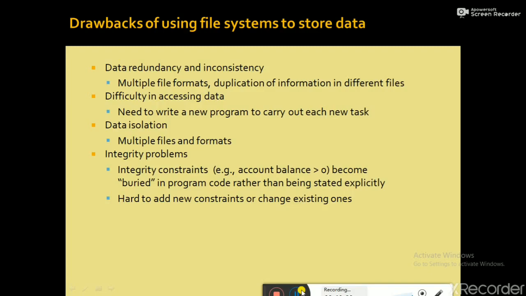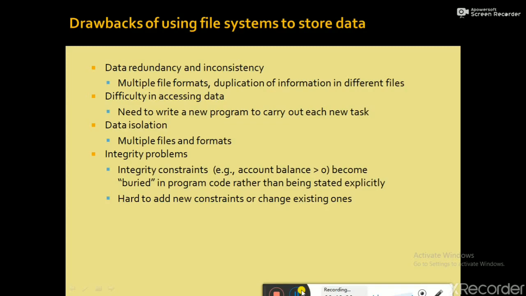So again we have two options: either execute the list of all the customers who live in Park Street and then manually extract all the records which satisfy the condition that they live in Park Street and whose balance is greater than 10,000, or ask a system programmer to create an application program which satisfies our needs. So this is not a feasible solution.